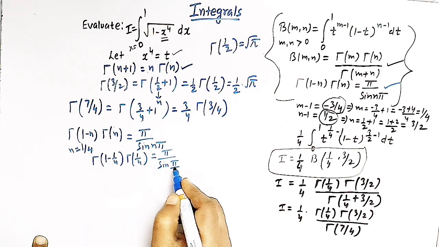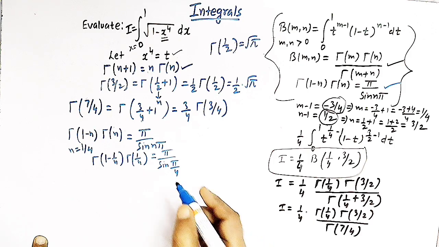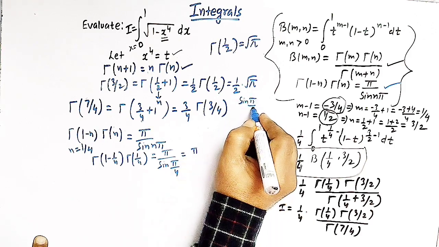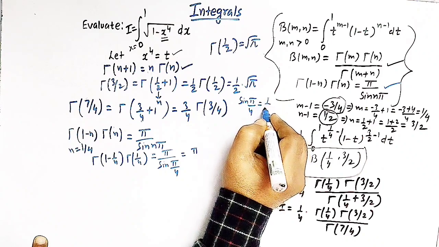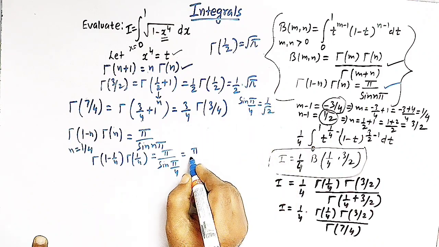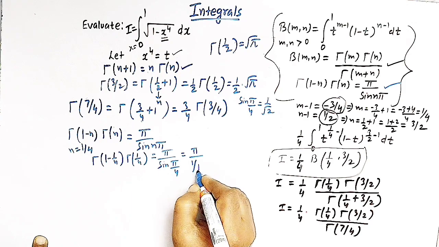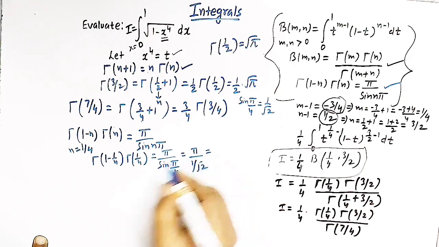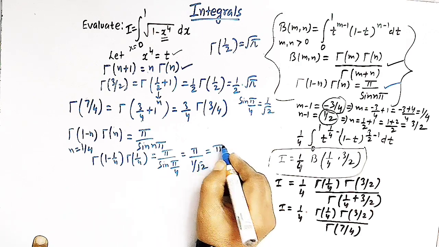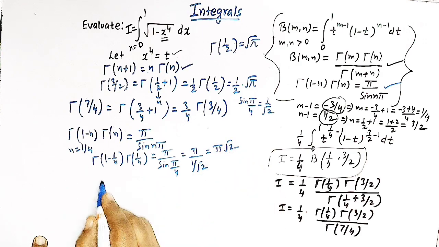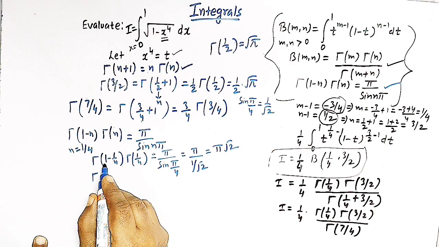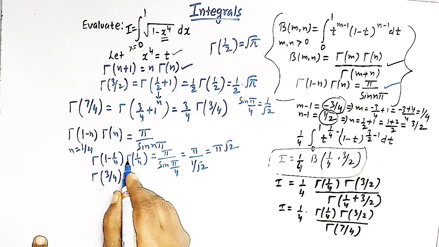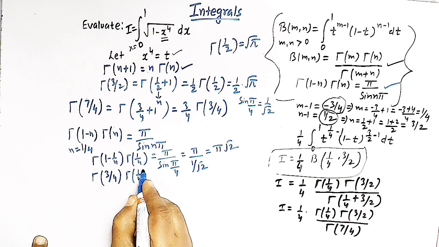Now sine pi by 4 is sine 45 degrees, and sine 45 degrees is equal to 1 over square root of 2. So we can now write here 1 over root 2. So taking square root of 2 to the numerator, we can now write pi times square root of 2. So now here we have gamma 1 minus 1 by 4. So this is gamma 3 by 4. And here we have gamma 1 over 4.